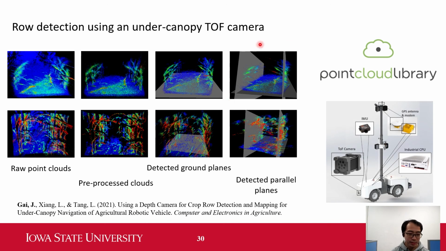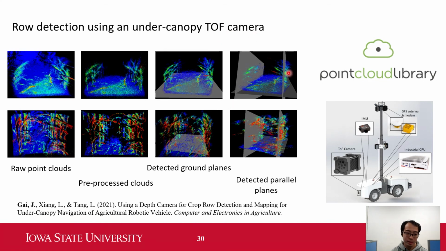So this is an algorithm implemented on our robot, which is using an under canopy time of flight camera. The time of flight camera outputs a bunch of 3D points representing the position and shapes of the objects in the view.